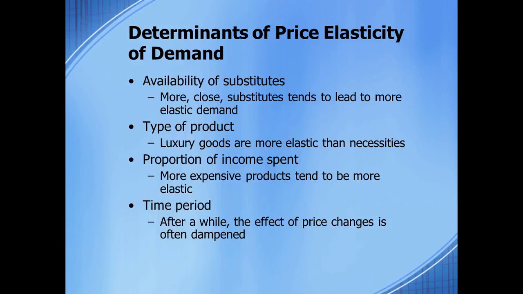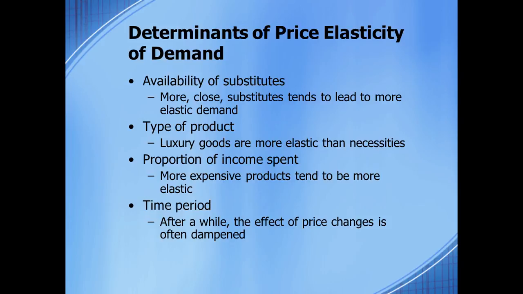If we think about the type of product, now luxury goods are more elastic than necessities, because after all, we all buy our basic foods first before we buy luxury goods like new clothes, and we may have to cut out luxury foods, holidays, new iPads. So therefore they're much more elastic than necessities. If we think about the proportion of income spent, more expensive products tend to be more elastic.